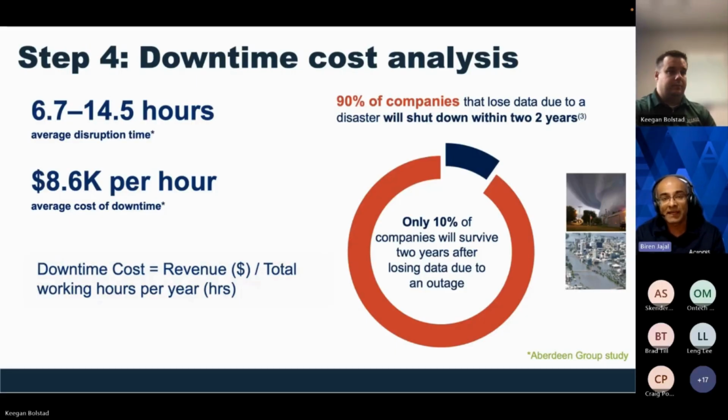Or on the flip side, you may go through that risk analysis and say, this is the risk that we have, and we can recover within 24 hours or 48 hours, because we need to get new hardware in place, and then the restore is going to take X amount of time to recover X terabytes of data.